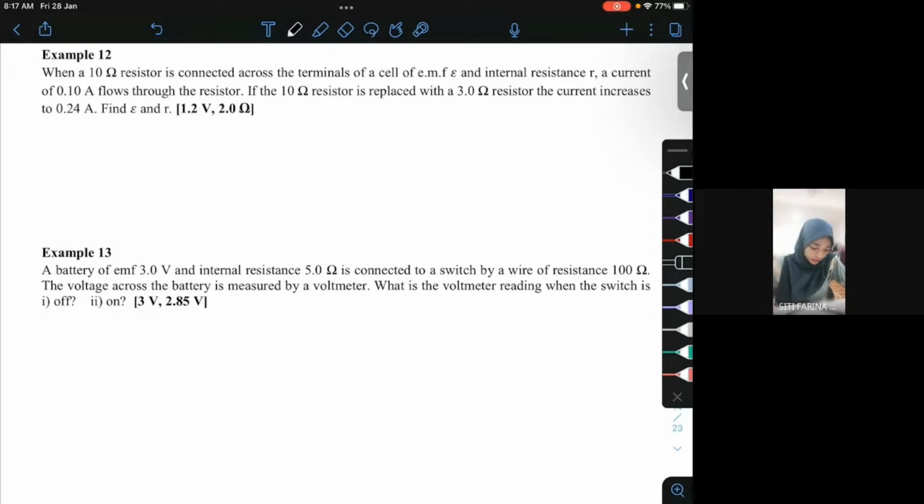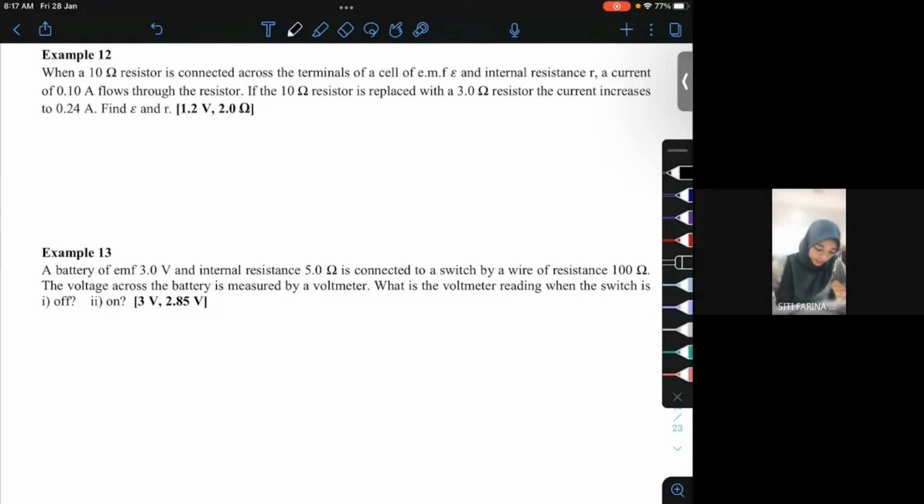You have a 10 ohm resistor connected across the terminal of a cell of EMF, dia tak bagi nilai, dia bagi simbol, and internal resistance R, a current of 0.1 ampere flows through the resistor.